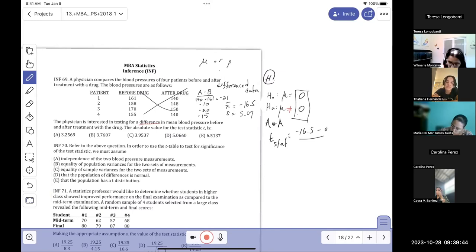So this is S over square root of N. So this is the standard error.